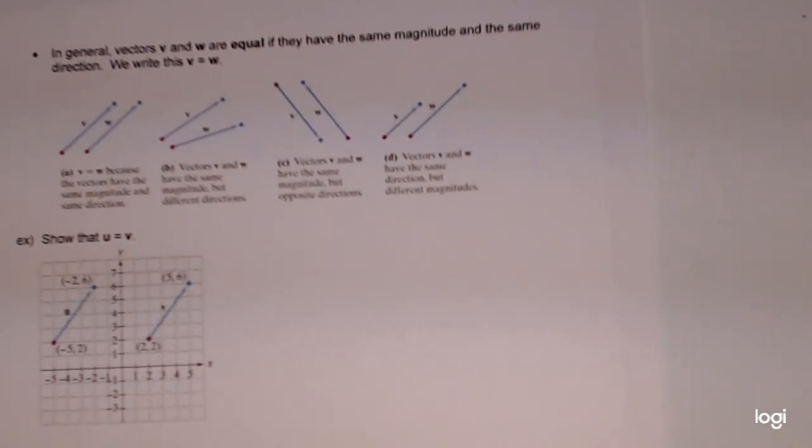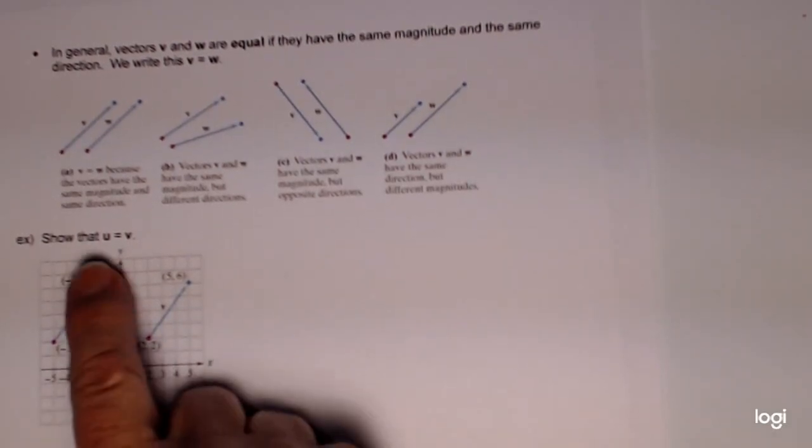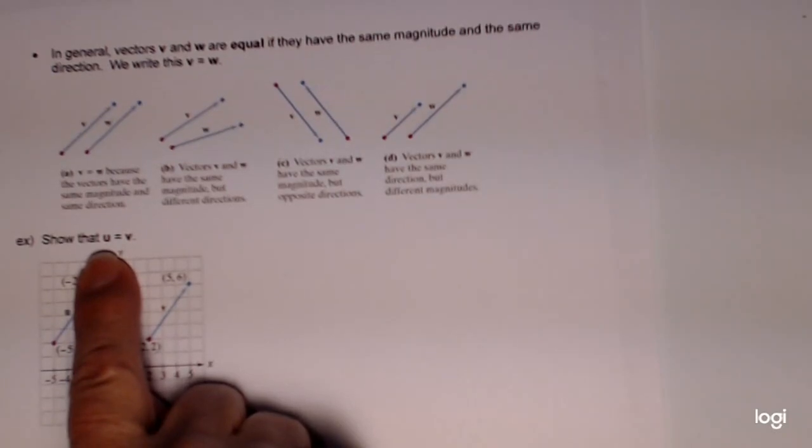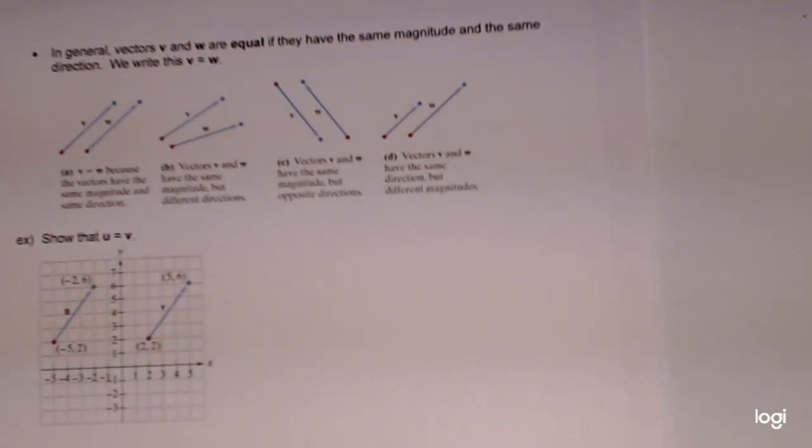And just a little bit of notation: when we're looking at vectors and it's printed, we have the luxury of writing them in this boldface type here. So this U and this V are boldface. That tells us that it is indeed a vector. However, I don't have the skill of writing in boldface print.